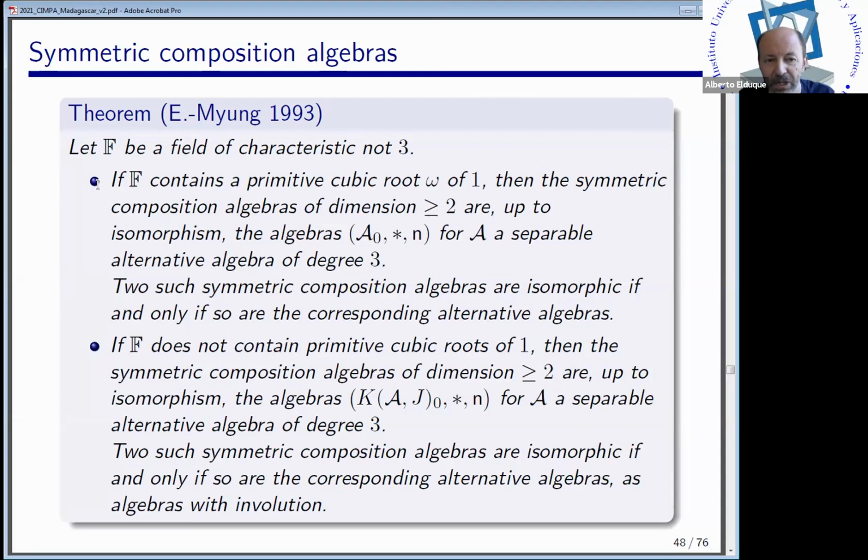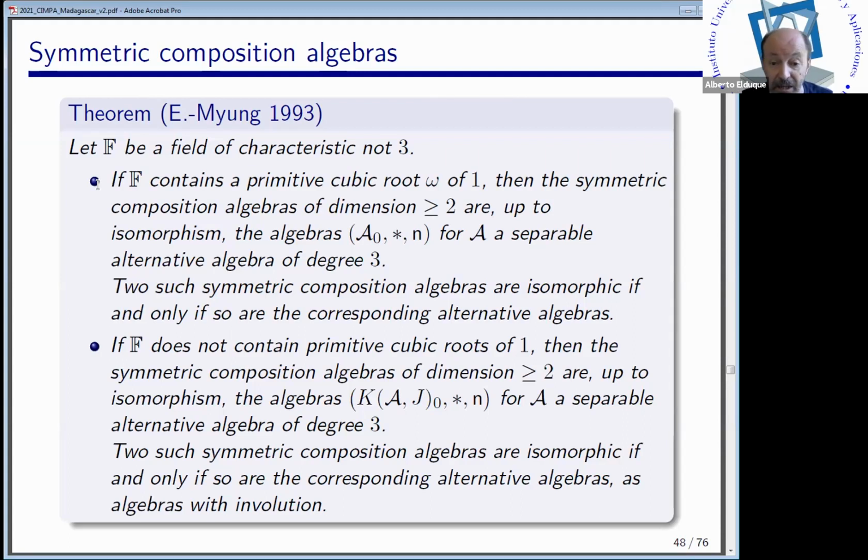I will come back to this in a minute. So all the examples that we have are included here. And actually, all symmetric composition algebras are obtained in this way. And two such symmetric composition algebras are isomorphic if and only if the alternative algebras are isomorphic. Since separable alternative algebras are well known, this gives a complete classification.